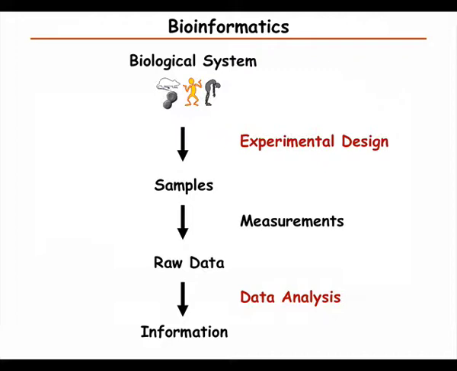Otherwise it easily happens that in the end one doesn't have enough data. Then, of course, what most people think about bioinformatics is the data analysis. But again, think about the experimental design as an important place to contribute.